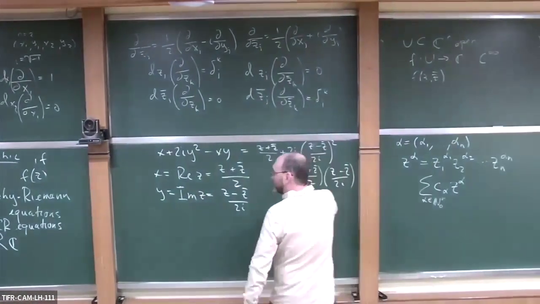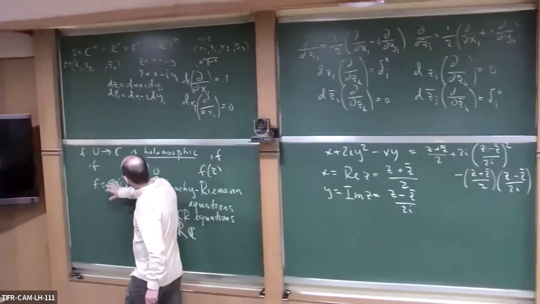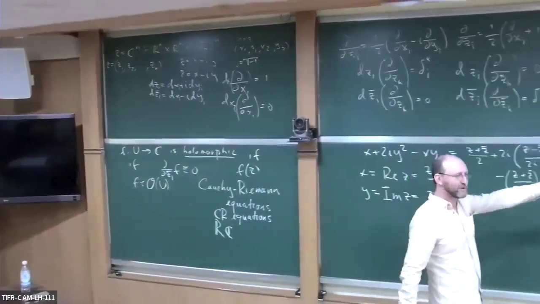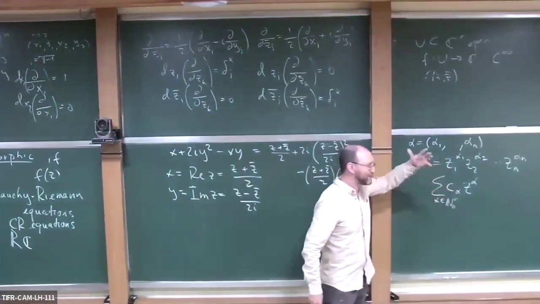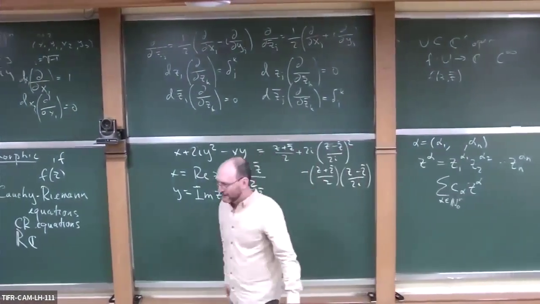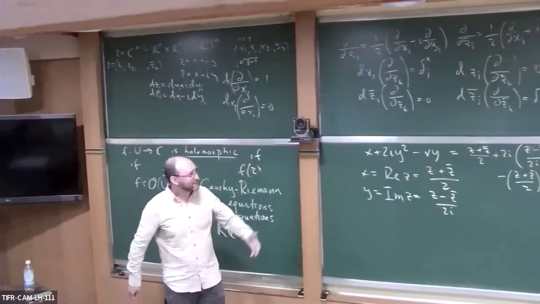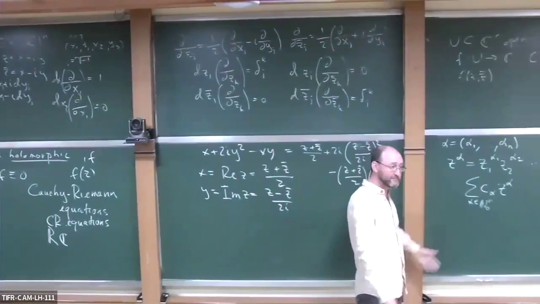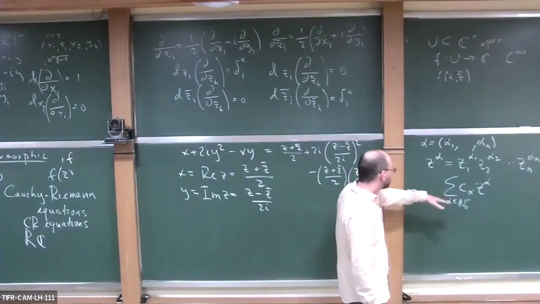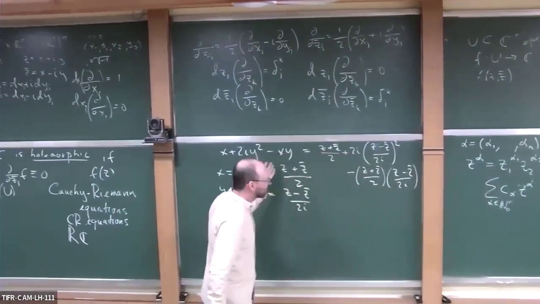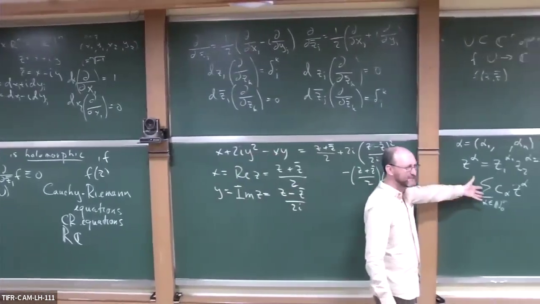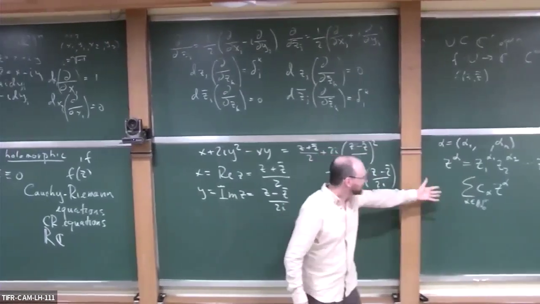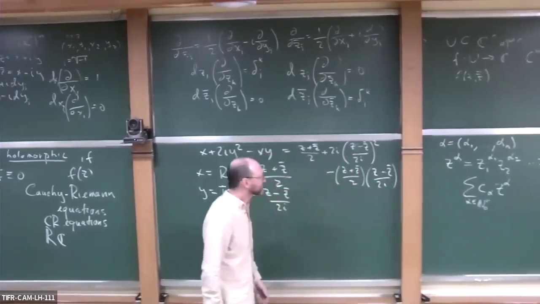So if we have a holomorphic function, then we have, as in one variable, an analytic function, so we have a power series. Polynomials are fairly close to this, just a special kind of power series, right?